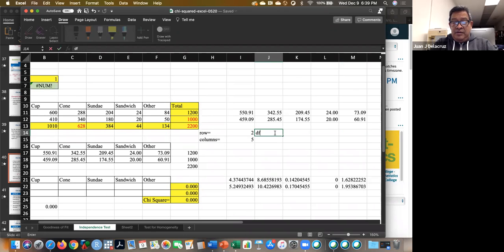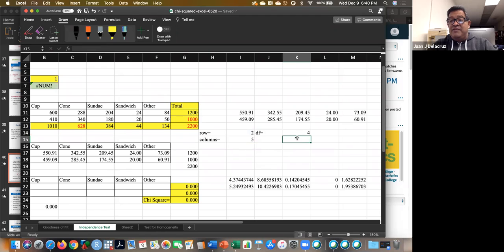So how are we going to put this? The degrees of freedom are equal to the following. I'm going to say rows minus 1 times columns minus 1, right?